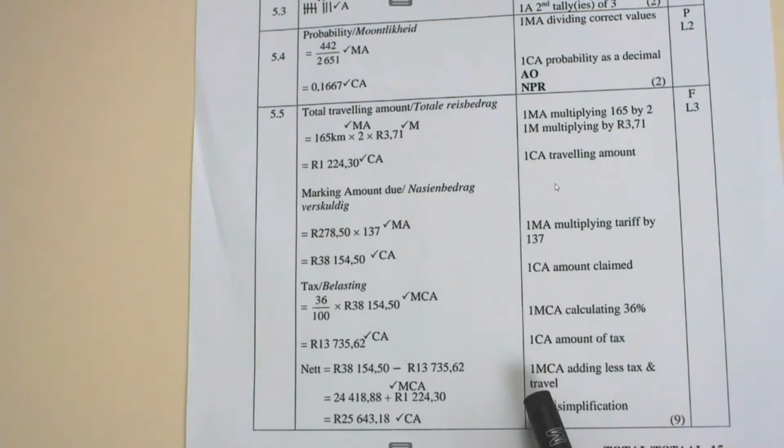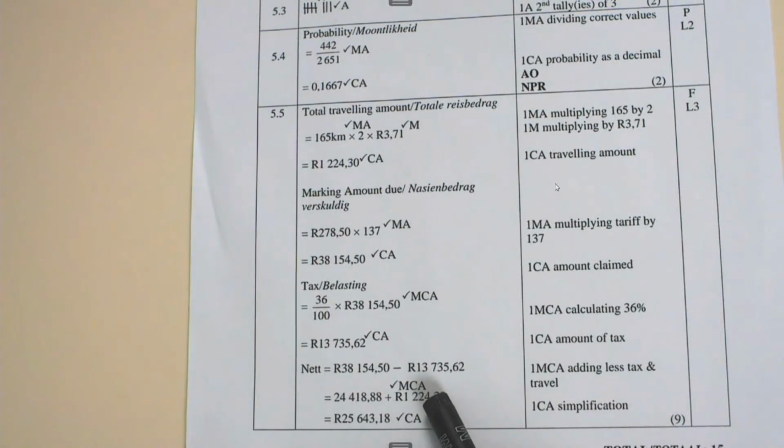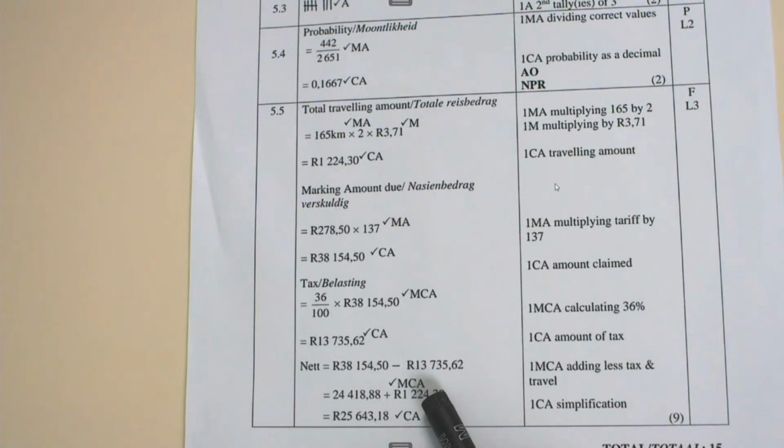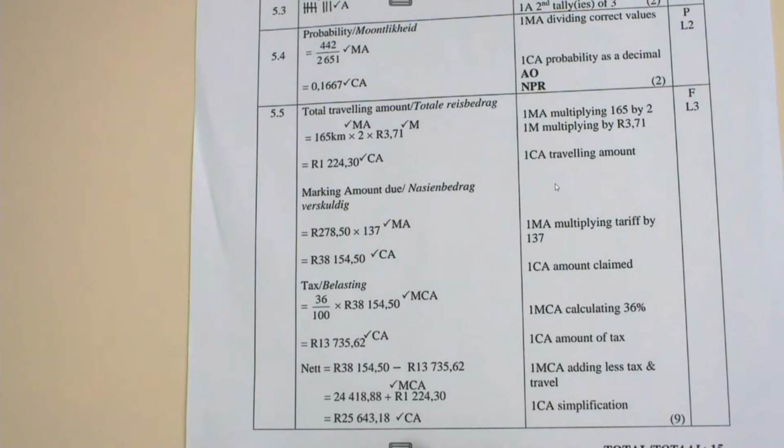Then the net: 38,154.50 minus the tax, which is 13,735.62.